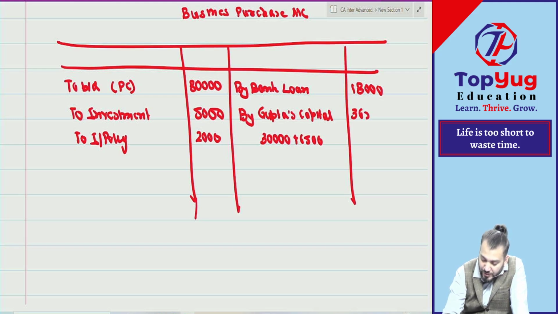It is 36,500. And by Singh's capital account, it is what? 20,000 plus 6,500. How much?